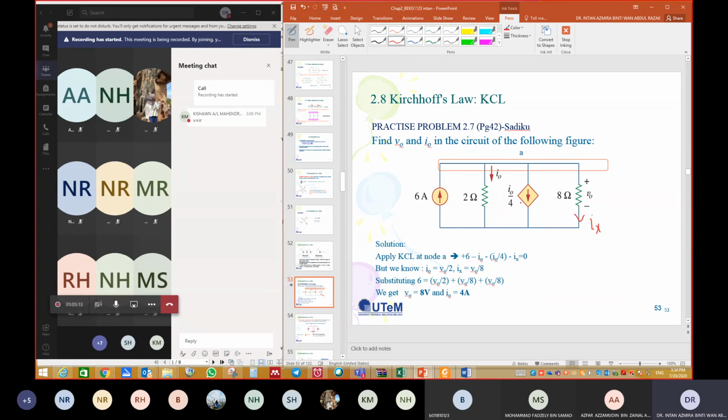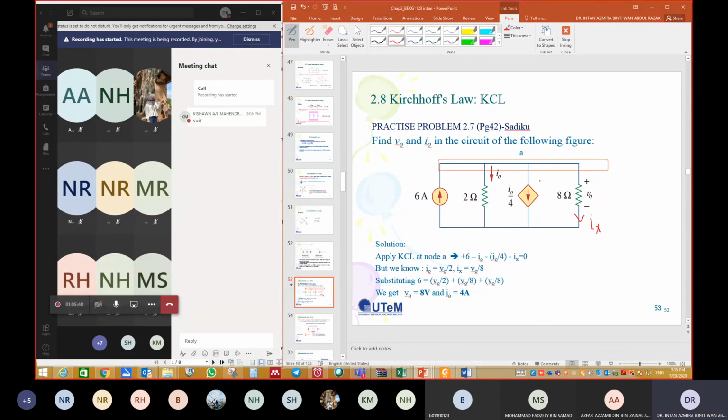this one. Sorry, this one is I naught over 4. I naught is equal to V naught over 2, so V naught over 2 times 4, we get V naught over 8.